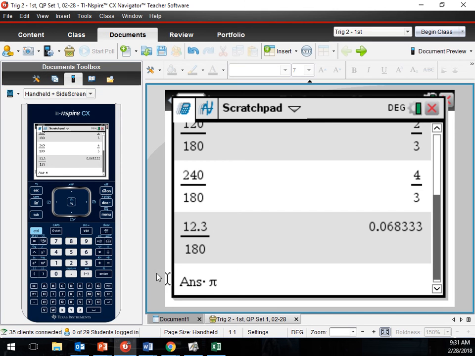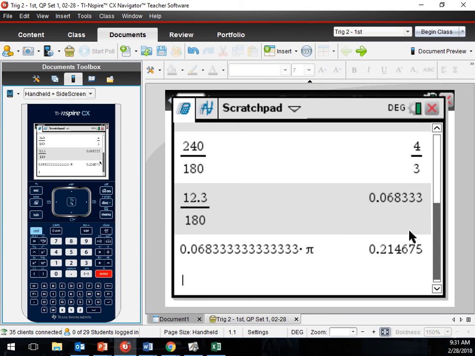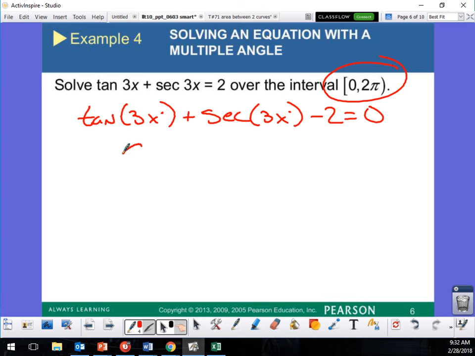These are the ones I was talking about that have a decimal approximation for my answer. So what's the answer? This is the answer. So it's going to be 0.2147. Let me write that out. 0.2147, right? And then let's go to my next one.